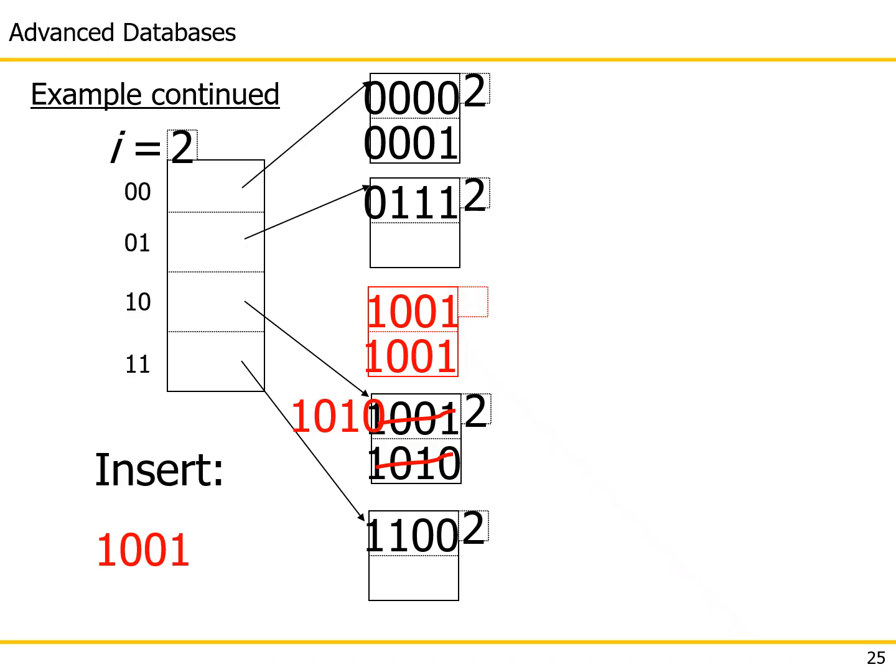Now notice that we can set the rule: when we create a new page and the j and the i are equal, we increment both of them, the i and the j. But when we create a new page and the j is less than the i, we only increment the j to match the i, and we don't increment the i. And the rule actually makes sense in terms of the number of pointers coming out from the directory, if you like to think of it the other way around.